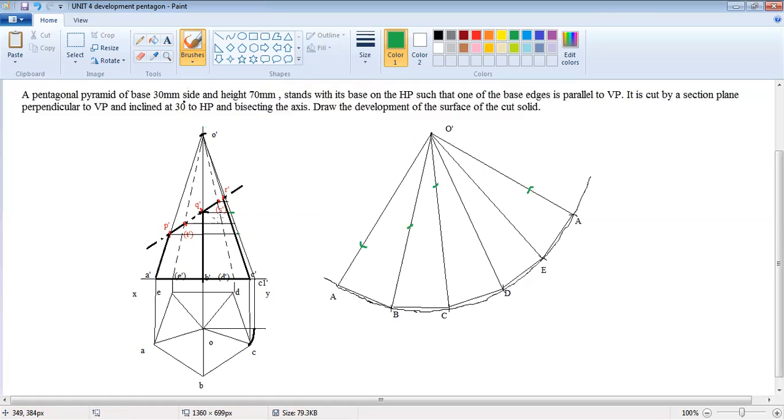And S point, we have to take this measurement here and cut an arc in this line. And T point, we have to take O dash this point and cut an arc here.